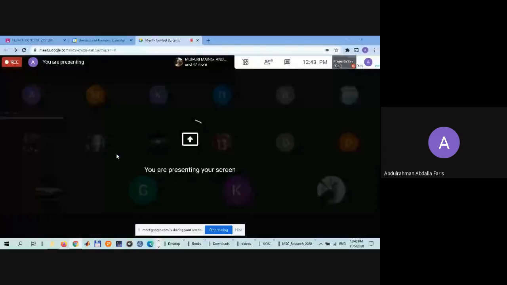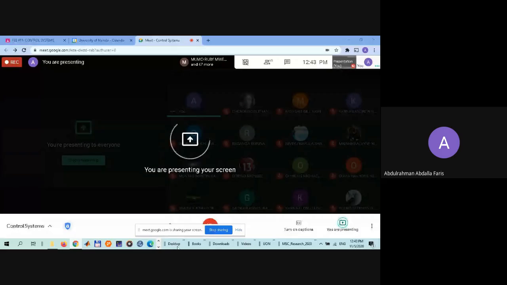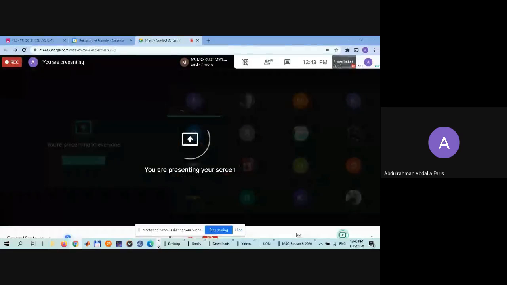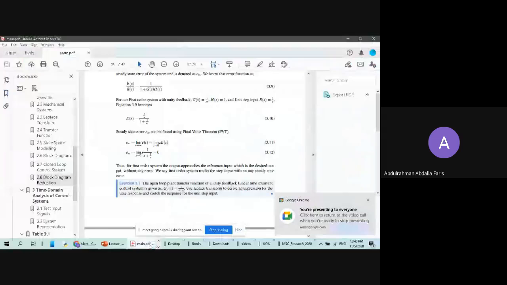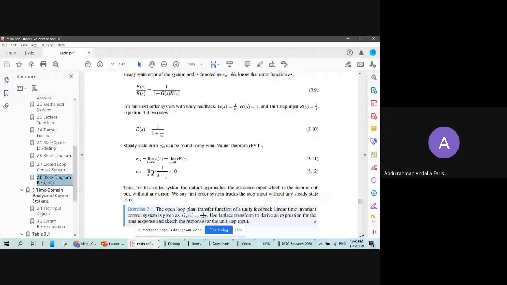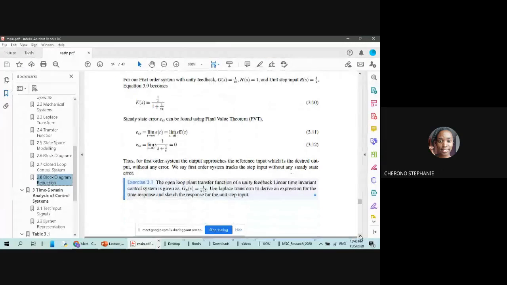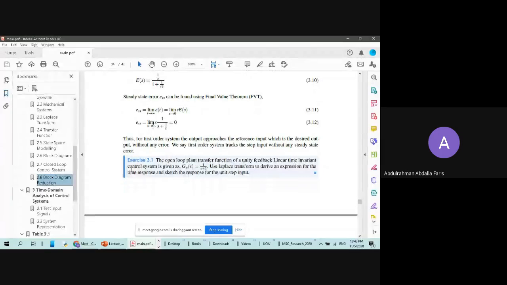So let me just share and we look at this problem together. Can you see my screen? Yes. So this is the question, exercise 3.1. The open loop plant transfer function of a unity feedback.